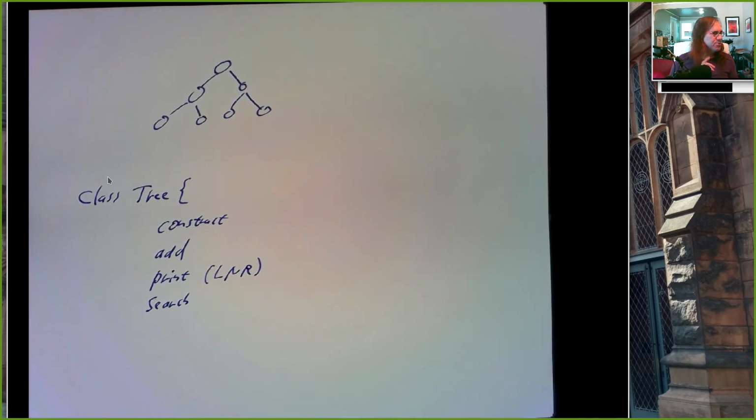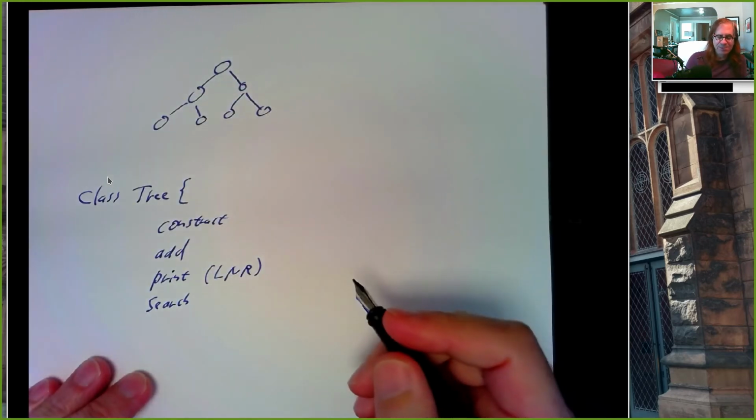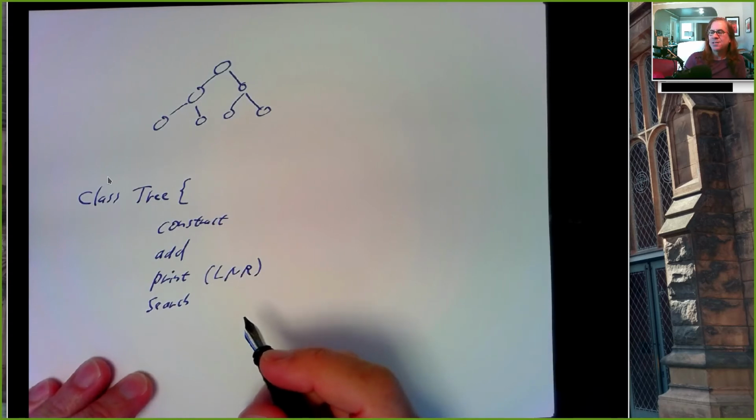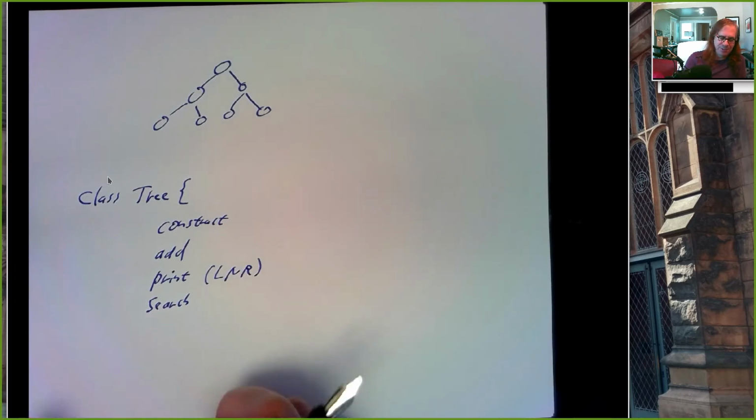All right, so when we code up trees in Java, it's a little bit different from C, because we're being object oriented. If we want to, for example, print out our tree, let's say print is going to be a method that does left node right traversal.